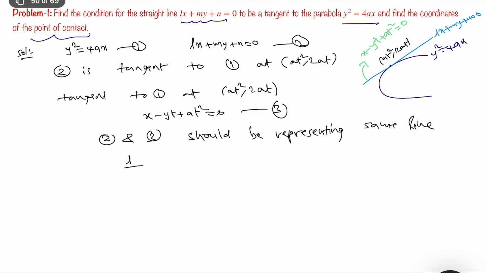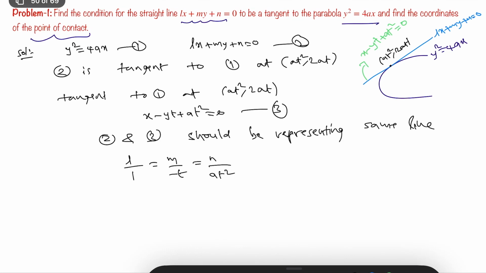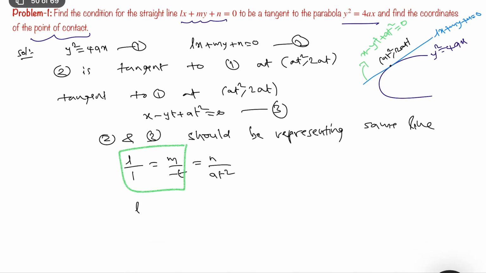So we should have l/1 = m/(-t) = n/(at²). From l/1 = m/(-t), that implies t = -m/l.